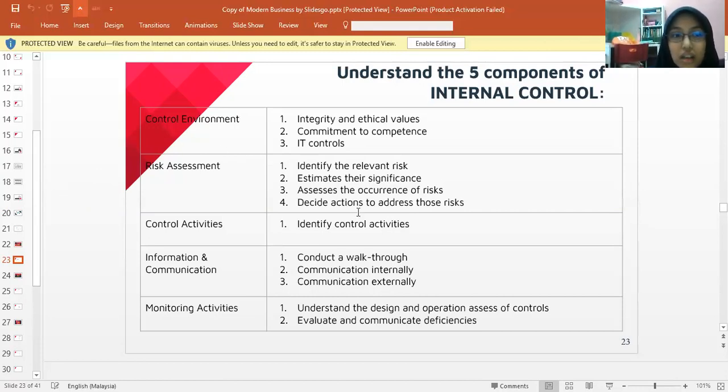Control activity is auditor identify what control to ensure that the assertion for transaction and events are being made. For information and communication, first conduct a walkthrough and make communication internally and externally to obtain knowledge of the process of the revenue transaction.